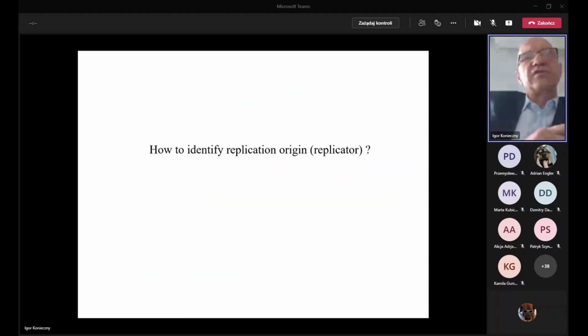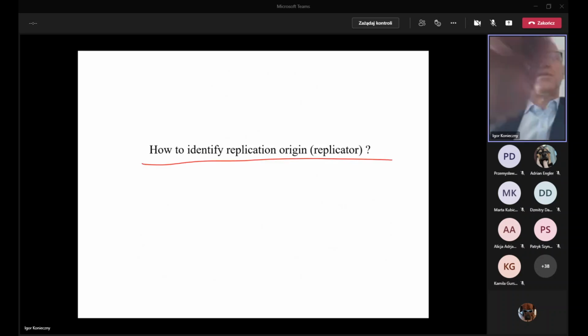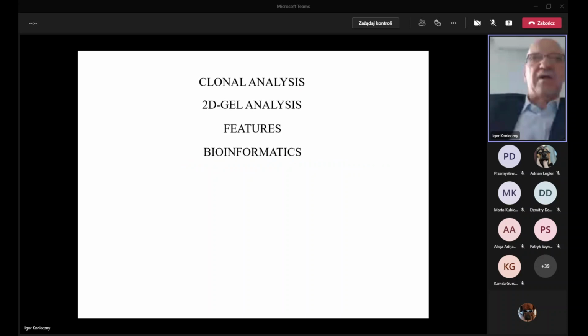And the first question we would like to ask is how to identify the replication origin. So how to identify the replicator. It's supposed to be simple, but it turns out that it took very many years just to define the site for the replication initiation, and very many different techniques were applied to do this.